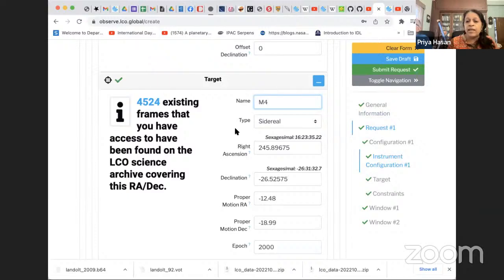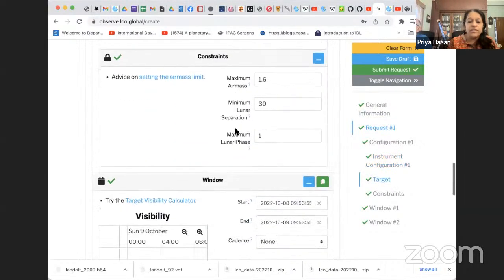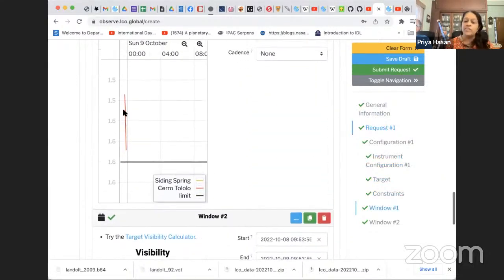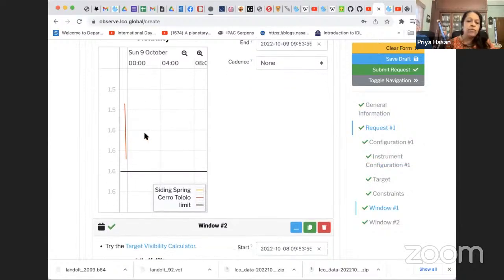And now when I'm saying M4, it's telling me the details for M4. I continue, and you can see here, now it's showing me a visibility plot if I were to observe it from this telescope, this is the Cerro Tololo one, this is the Siding Spring one. Then at Cerro Tololo, it's not very good visibility. You can see it's happening at this kind of air mass, 1.6, 1.5.